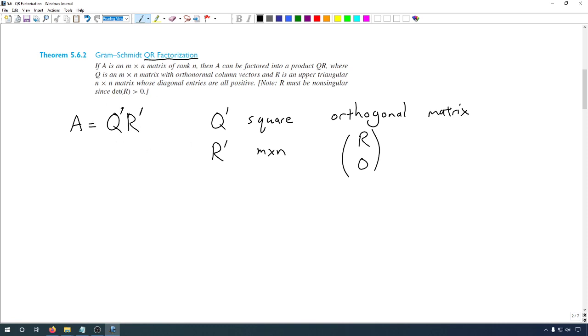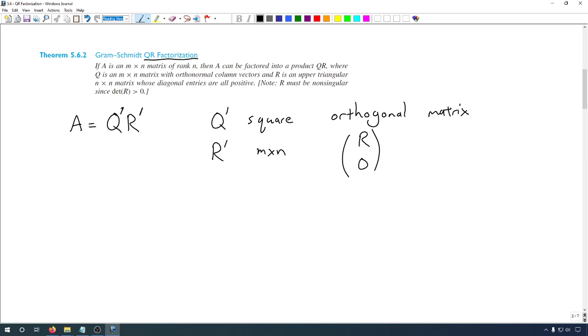And really, you can derive these two matrices the same way by using the Gram-Schmidt process. It's just that for Q', you have to go a little bit further and find an entire basis for Rm and not just for the column space of A. That's a little bit more work than we did, and it really doesn't help us do some of the stuff that we're going to do in this section, some of the applications that we're going to have for this.